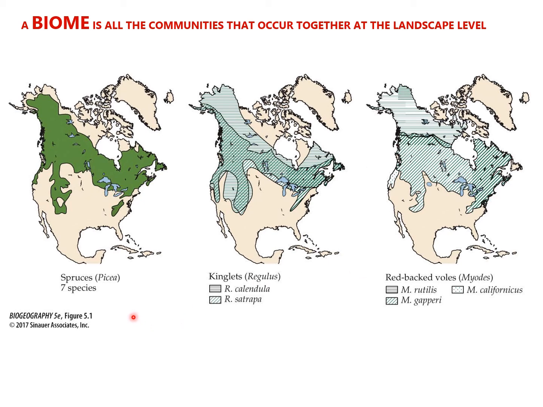Anyway, what you have here is a population of spruce tree species that occur up here, and you can see the general range for those species. And you have some kinglets that occur together, and some red-backed voles, and there's moose populations as well. These are not the only species that occur up here, but this shows the overlap in those geographic ranges. Taking that together creates what's called the spruce-moose biome, or the boreal forest biome is probably the more scientific terminology for that.